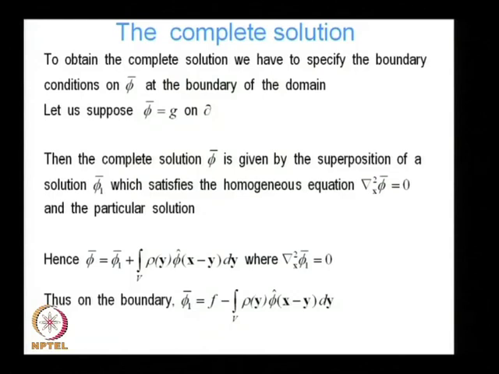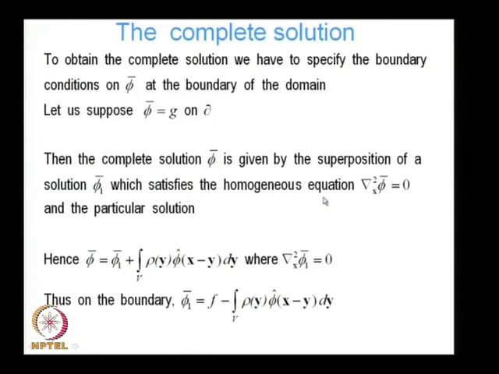To obtain the complete solution we have to specify the boundary conditions on phi bar at the boundary of the domain. Let us suppose phi bar is equal to g on my boundary, which is del v. I am missing a v here. Then the complete solution phi bar is given by the superposition of the solution which satisfies the homogeneous equation, Laplacian of phi bar equal to 0, and the particular solution.